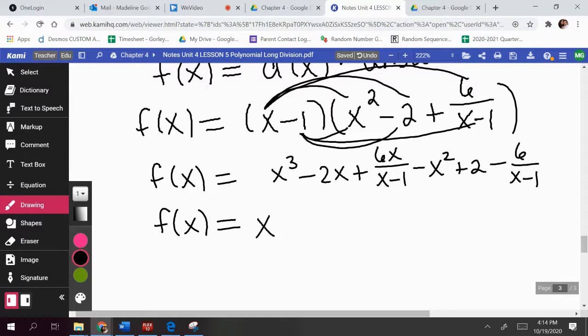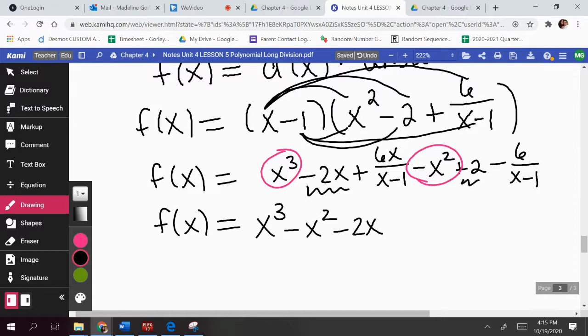Okay, we would get x cubed. So this one's done. Let's see, minus x squared. Let's see, we have minus 2x. And then we have plus 2. And then we have two things over x minus 1. We've got 6x and a minus 6 over x minus 1.